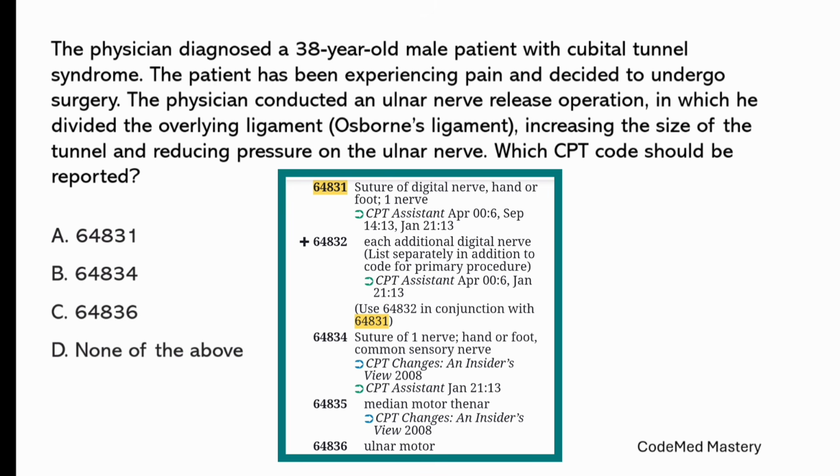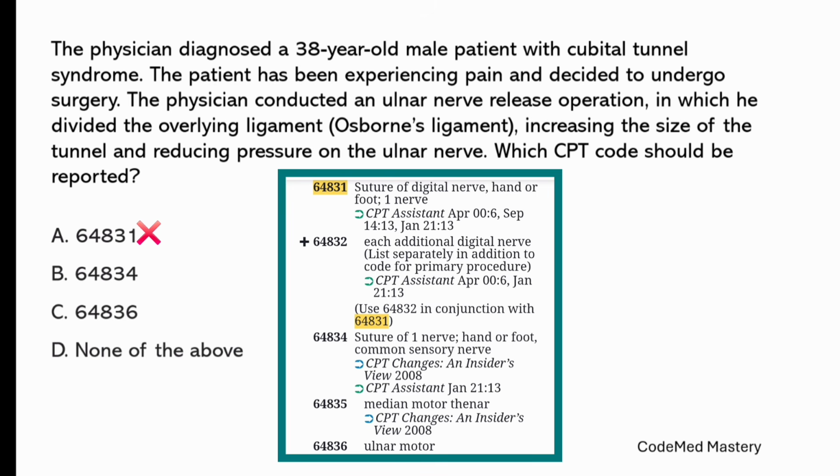Option A, 64831 is for suture of the digital nerve in the hand or foot, but the question states ulnar nerve. Therefore, option A is wrong. The ulnar nerve is a major nerve in the arm that runs near the ulnar bone. Option B, 64834 is for suture of one nerve, hand or foot, common sensory nerve.